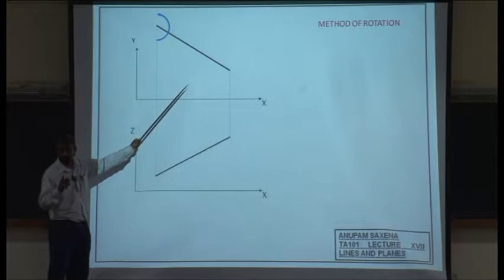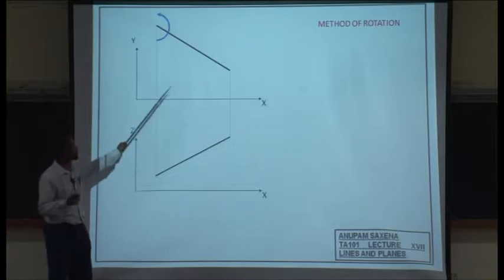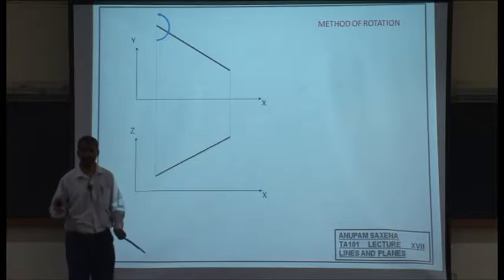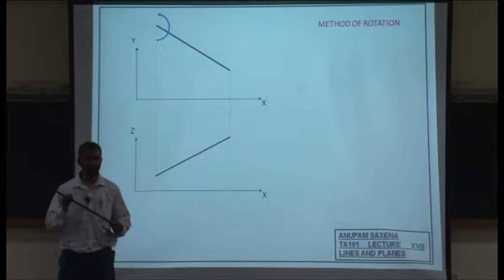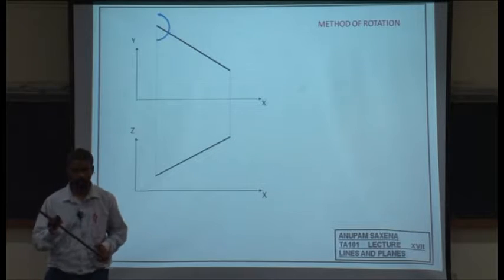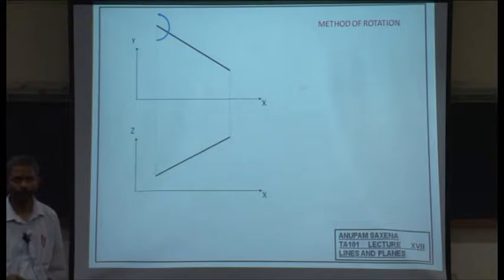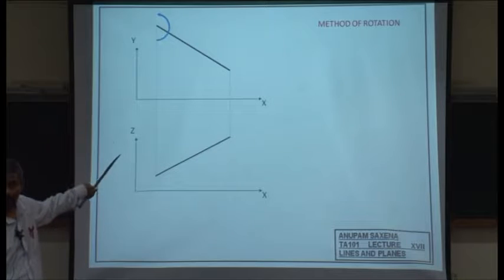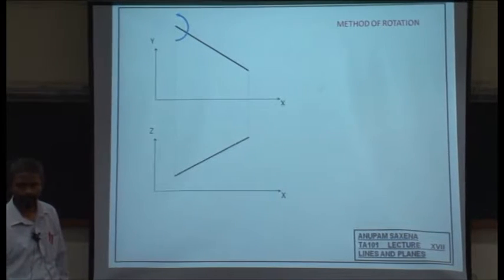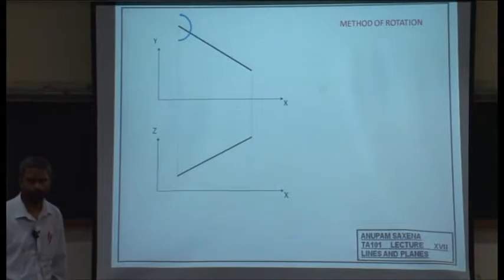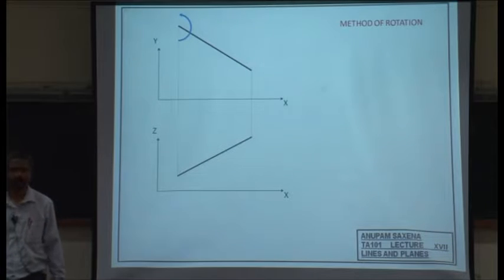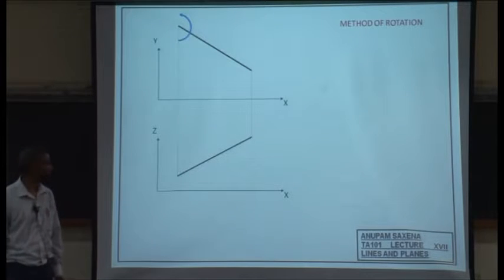So if you are rotating the line about the z axis, its projection will also get rotated. What's your question? Yeah, in the top view. It is not getting rotated about the y axis.